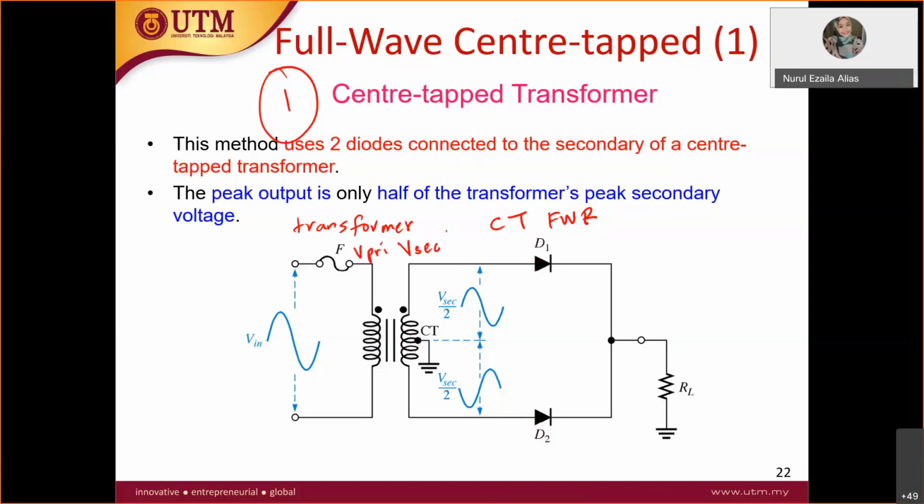At V secondary there is a ground at the center, so the voltage is divided into two: V secondary over 2 on top and V secondary over 2 on the bottom. So this is how it looks for the center tap.